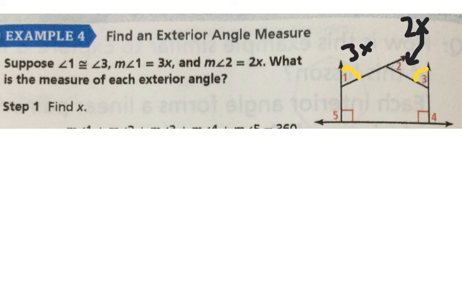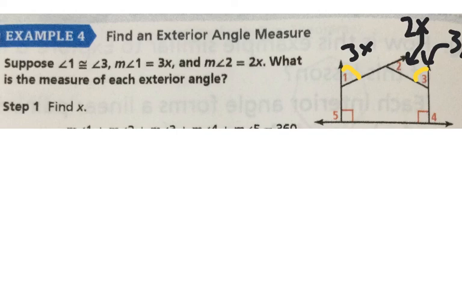That means angle 1 and angle 3 have the same measure. Then they tell me angle 1 is 3x. So angle 3 is also 3x because they have to be congruent. So I have angle 3 is 3x, angle 1 is 3x, and they tell me angle 2 is 2x.